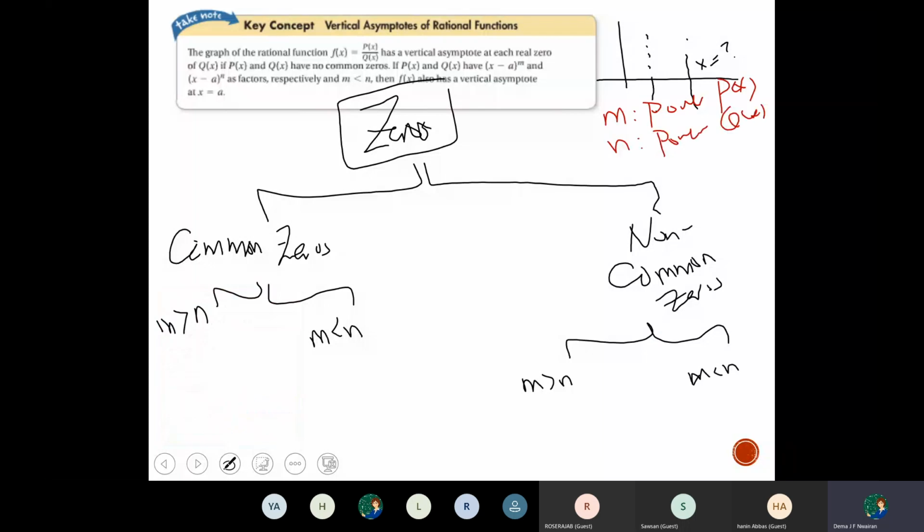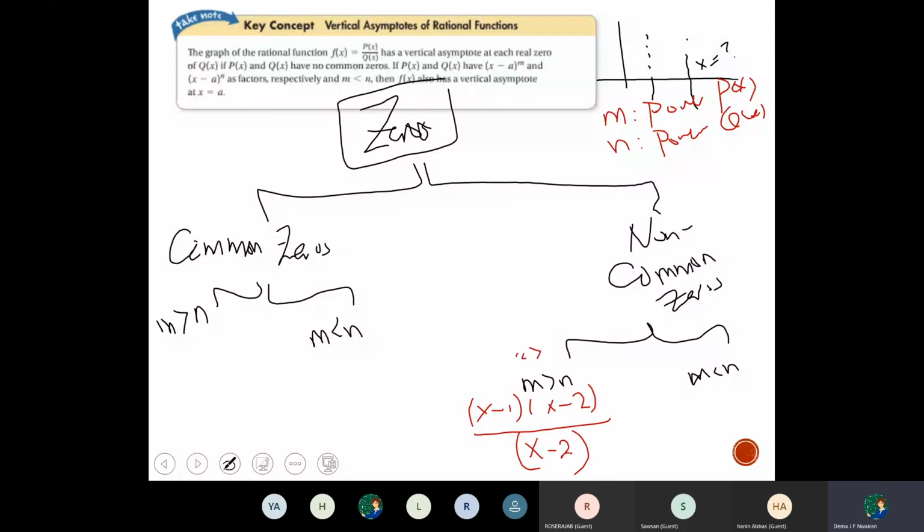Now, if we have x minus 1 over x minus 2 over x minus 2 here. Okay? For this one, m is greater than n. Why? Look at the power of the numerator. It is 2. X times x is x squared. So it's 2.